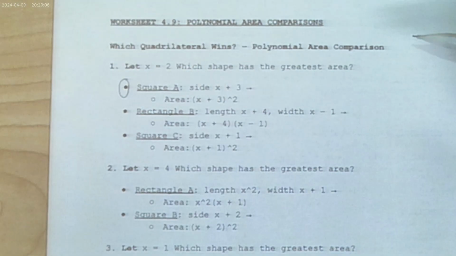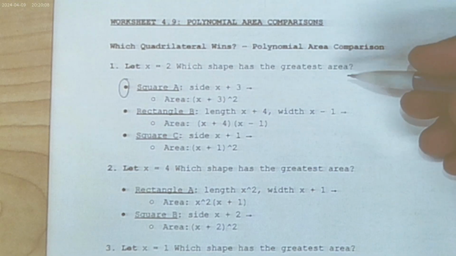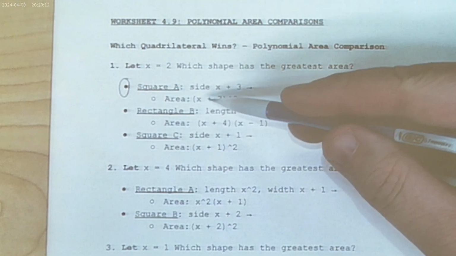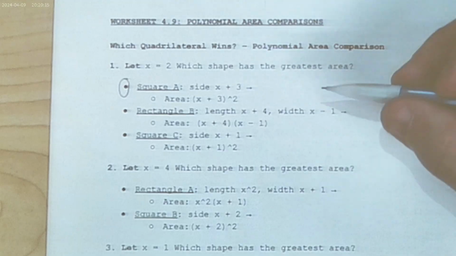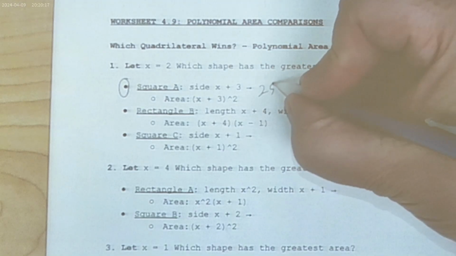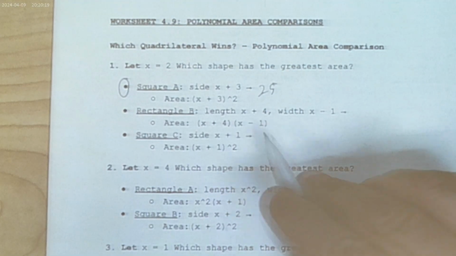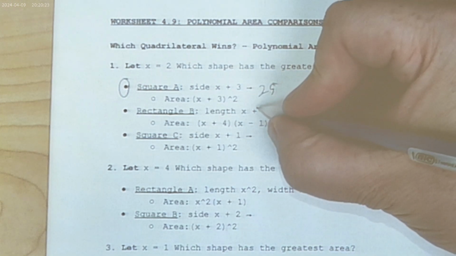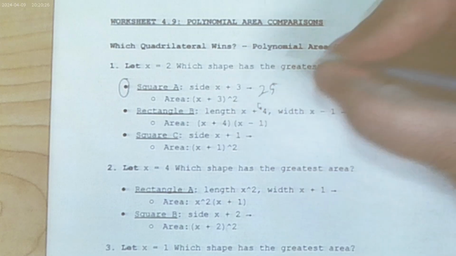So if x equals 2, what is the area? Which shape has the greatest area? For square A, x plus 3 is 5, raised to the second power is 25. For the rectangle, x plus 2 means that length is 4, so that length is 2 plus 4, which is 6.